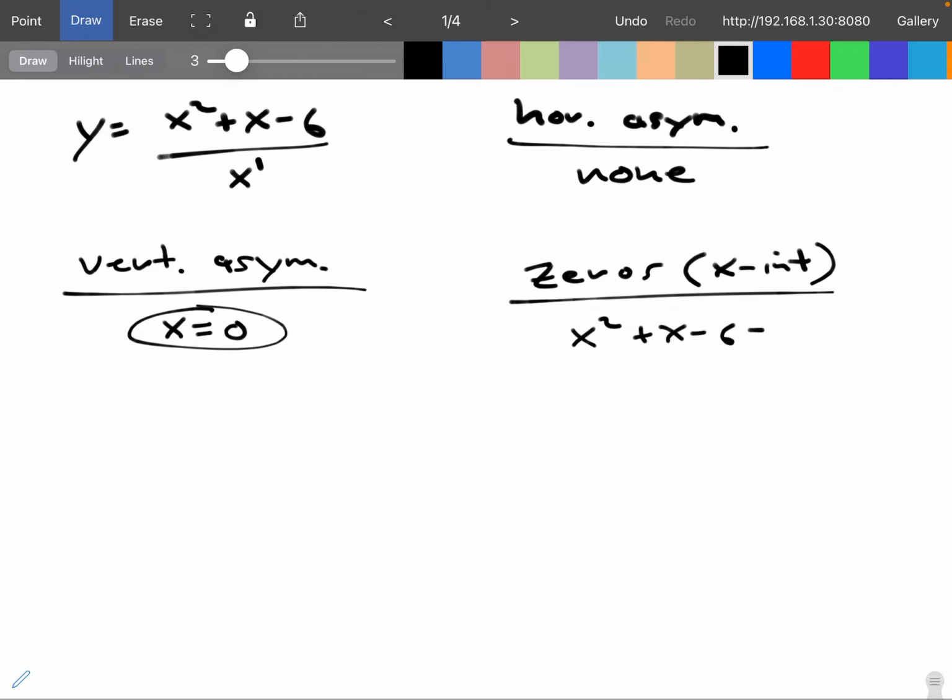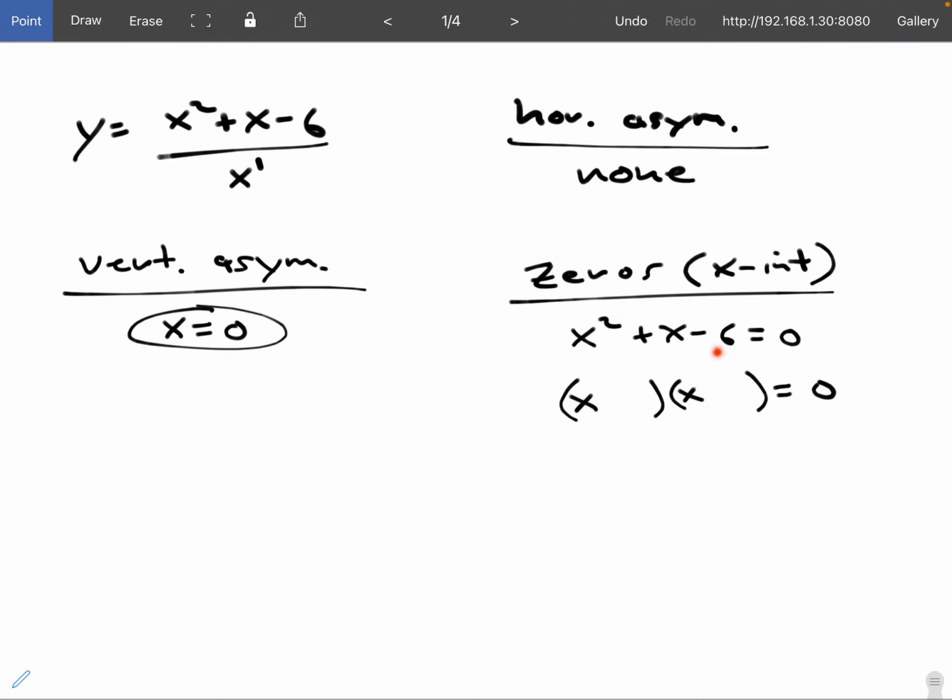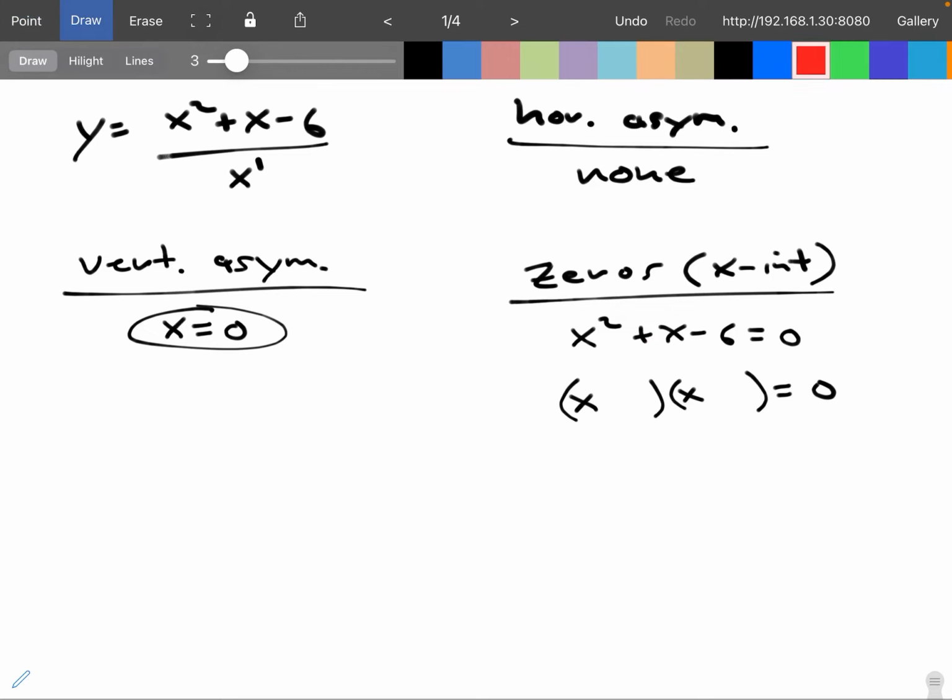So we have x squared plus x minus 6 equals 0. We have to be able to factor these things, right? That's why we did all that review of the first week. So in this one, we need two numbers that multiply to -6 and add to +1.